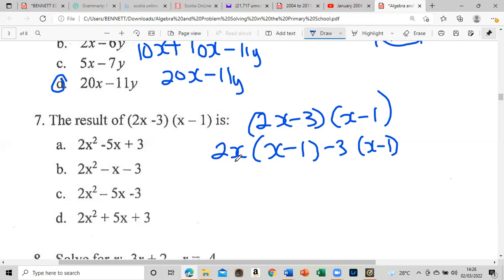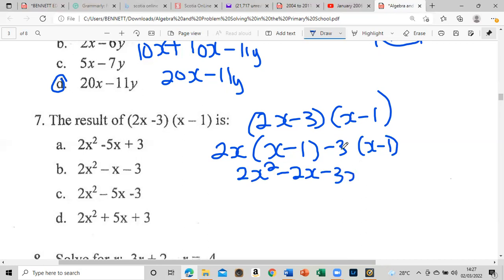So let's go. 2x times x, that's 2x squared. 2x times negative 1, that's negative 2x. Remember, positive times negative, that's negative. Then we move on to this one, negative 3 times x gives us negative 3x.